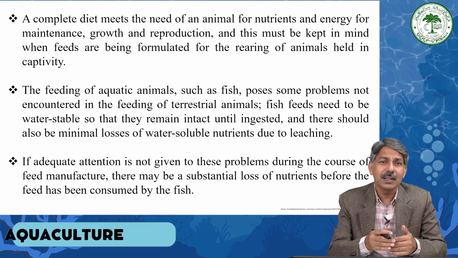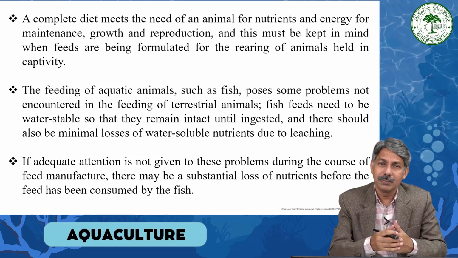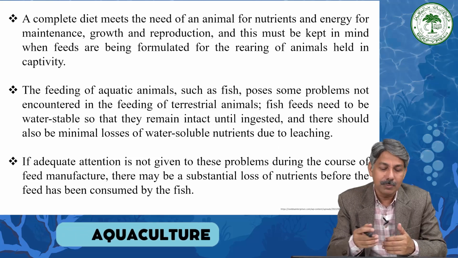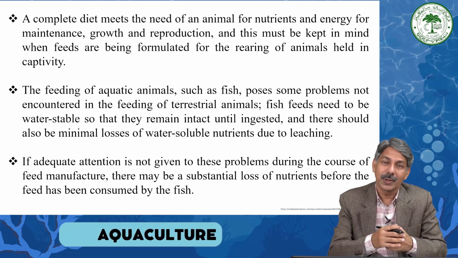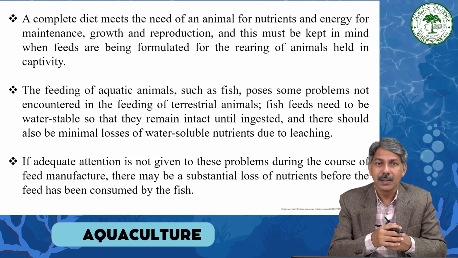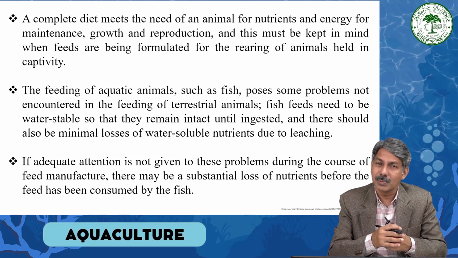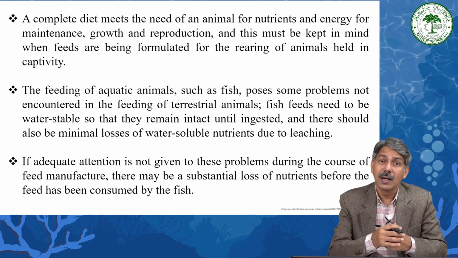So these are some of the steps done by researchers at many places, and then they come up with some information that, okay, this fish needs this much of crude protein, this much of crude fat. These essential fatty acids and essential amino acids are to be taken care of. How much of the water soluble vitamins or fat soluble vitamins and different kinds of minerals.